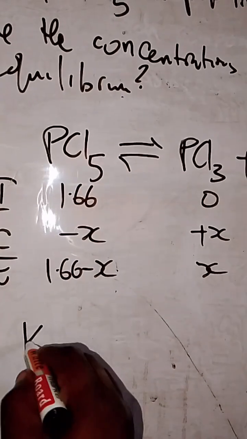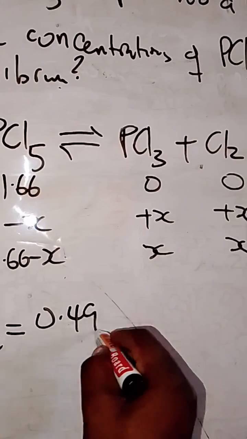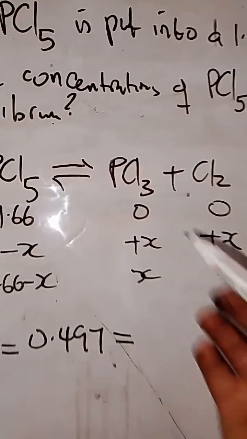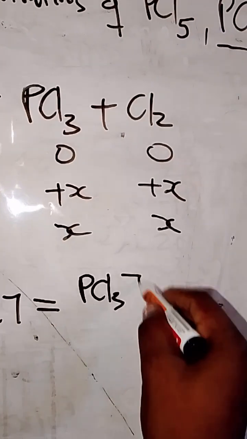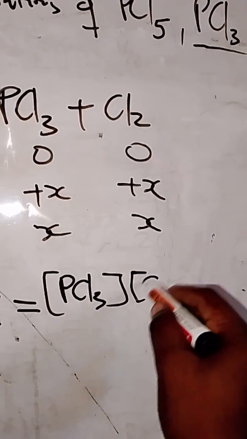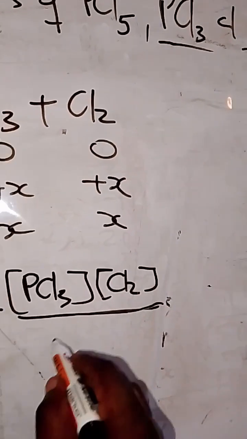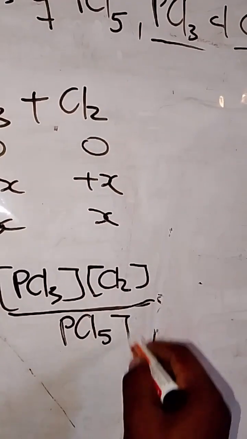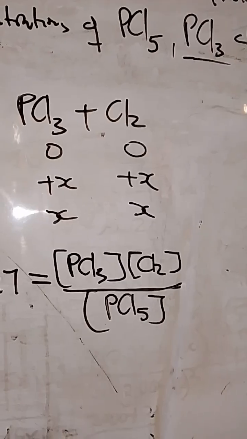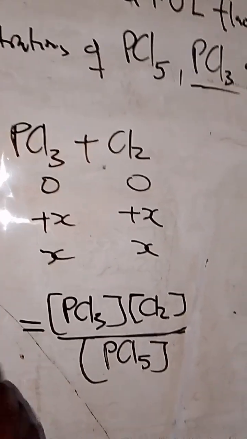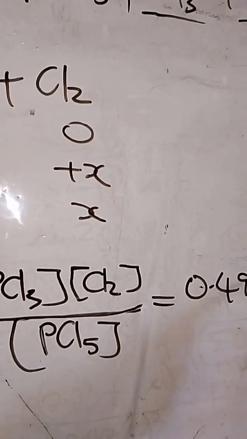Now we know Kc. Kc is equal to 0.497, which is equal to the concentration of PCl3 times the concentration of chlorine over the concentration of PCl5. So that is our Kc, equal to 0.497.